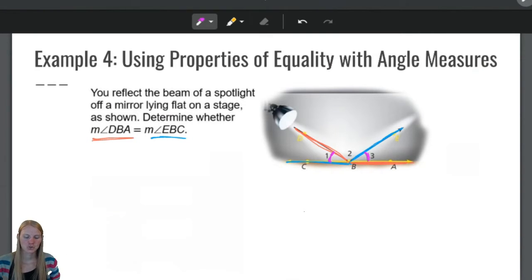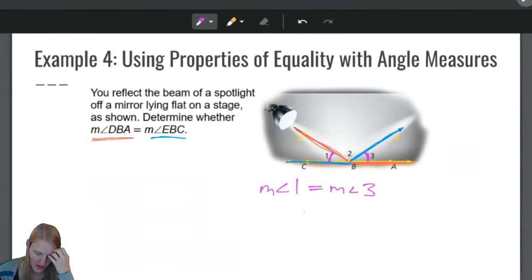Okay, so let's think about this. We know that the measure of angle 1 is the exact same as the measure of angle 3. We know that. They told us that in the diagram.